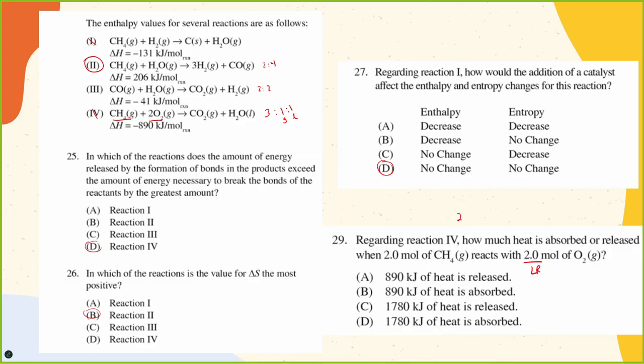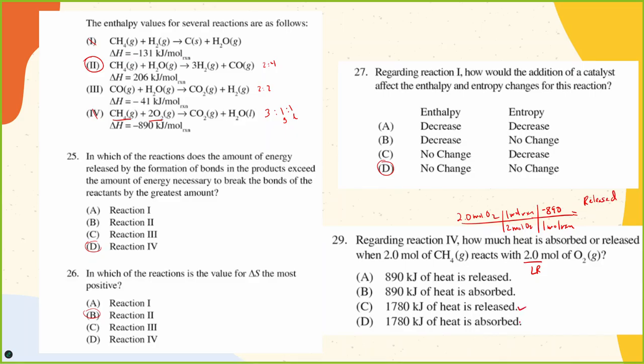So like 2 moles O2. In the reaction, there's 2 moles O2 to 1 mole reaction. 1 mole reaction is going to be the negative 890. So this is going to be released also. Heat's being released here because this is exothermic. So we're going for released.